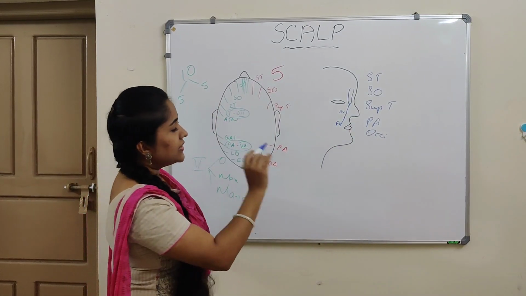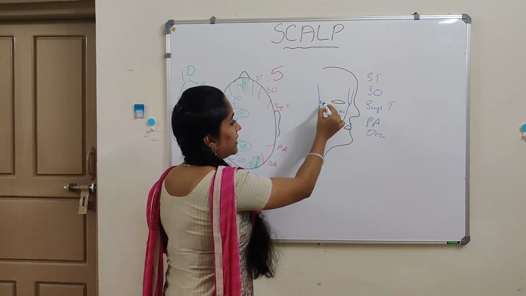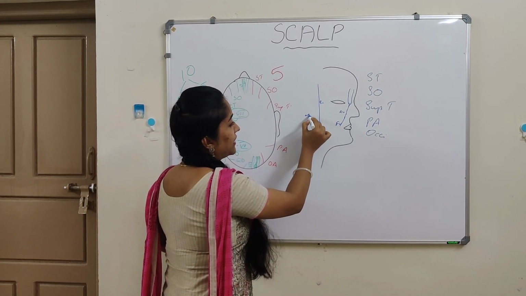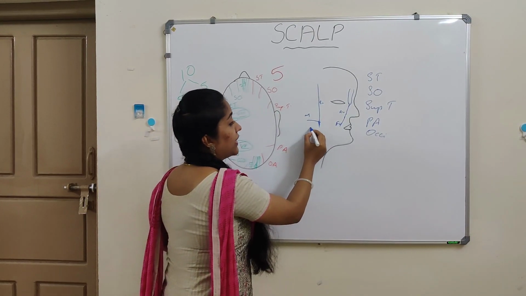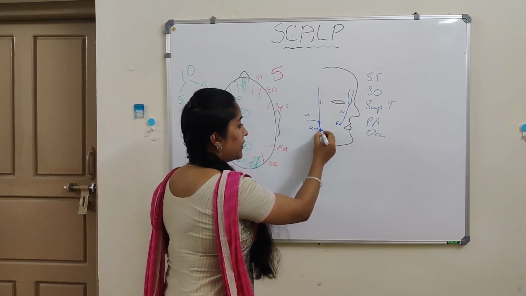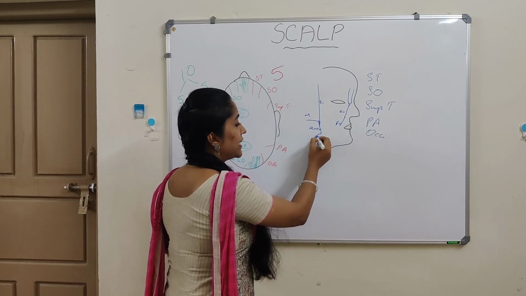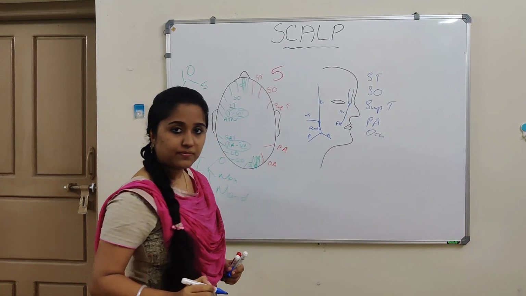At the same time, the superficial temporal vein joins with the maxillary vein inside the parotid gland and forms the retromandibular vein. This retromandibular vein divides into 2 divisions, the anterior division and the posterior division.